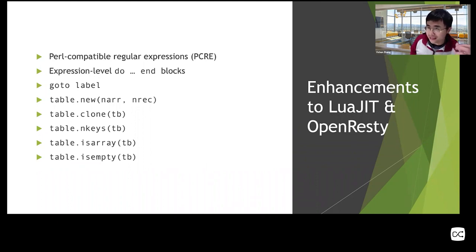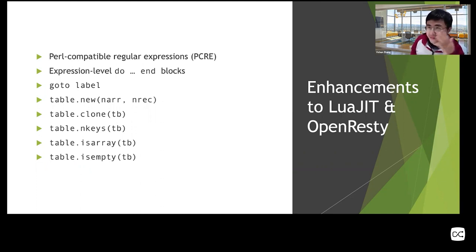But for ultimate performance control and also for efficiently emulating more fine-grained data structures in high-level languages like JavaScript, we need to distinguish arrays and hash tables, especially when you are trying to generate JSON, right? JSON doesn't have a concept of a generic table. You have to distinguish arrays and hash tables. Okay, and also isempty. It's a quick, much faster way than using the sharp operator. And also the sharp operator won't work on generic object hash tables.